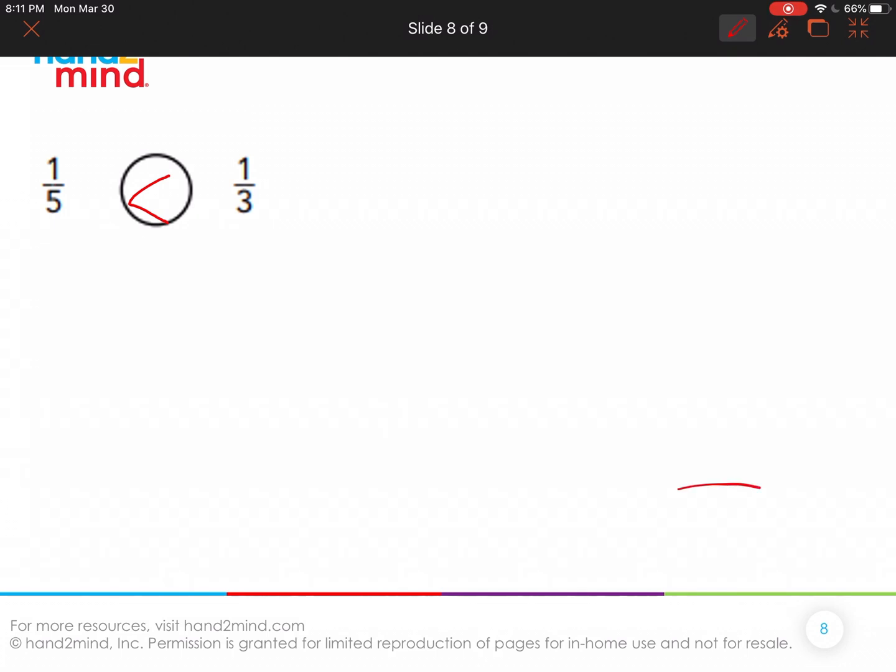Let's think and reason about this one. What about 11/12 and 7/8? Did you say that 11/12 is greater than 7/8? I wonder if you said that because you noticed that 11/12 is just 1/12 away from being a whole, and 7/8 is just 1/8 away.